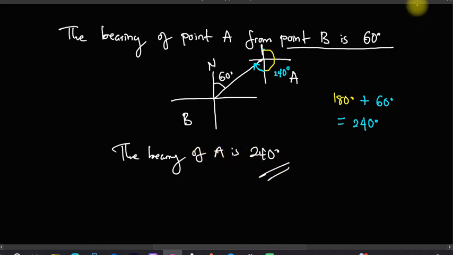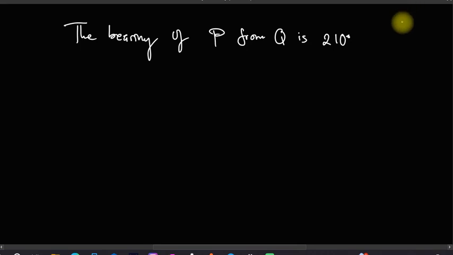Okay, so let's say we have another question. The bearing of P from Q is 210 degrees. What is the bearing of P? So we need to find out what the bearing of P is from Q, which is 210 degrees. So how do we represent it?